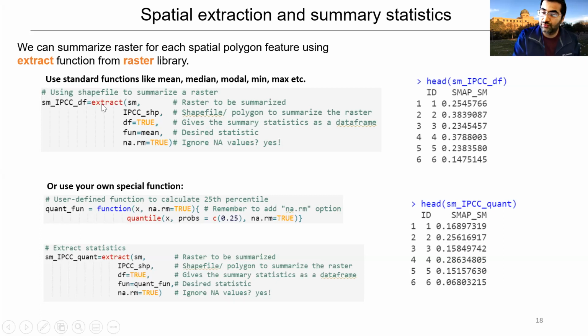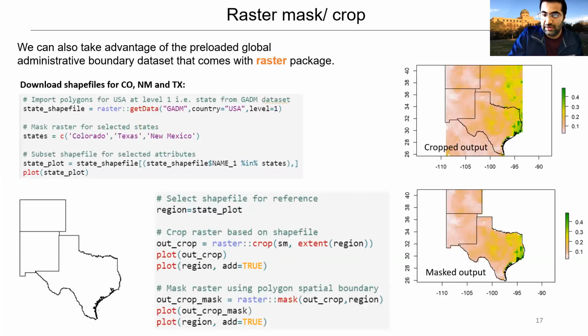Using this function, we can extract values for a point given its latitude or longitude. Otherwise, we can use the extract function to summarize the values within each polygon. To explain, look at this figure on the bottom right. We have data for three states: Texas, New Mexico, and Colorado.